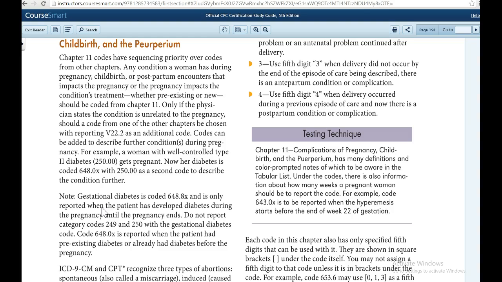Code 648.0 is reported when the patient has had pre-existing diabetes, or already had diabetes before the pregnancy. Y'all remember that now. Don't code 648.8 with 249 or 250. Only code 648.0 with those.